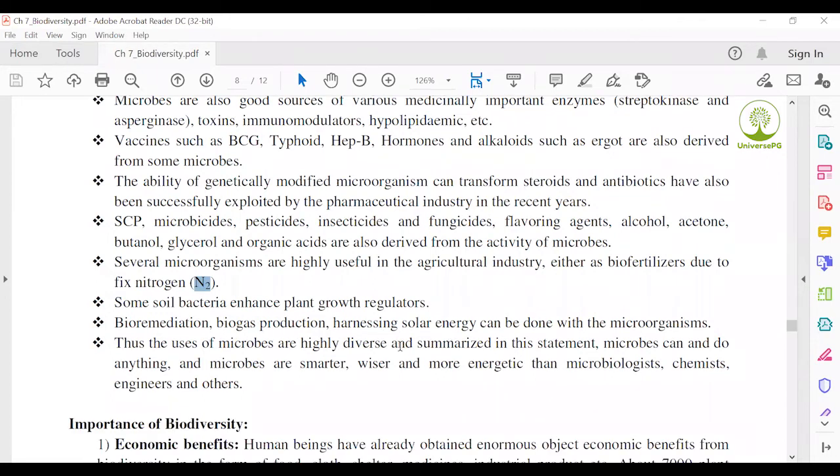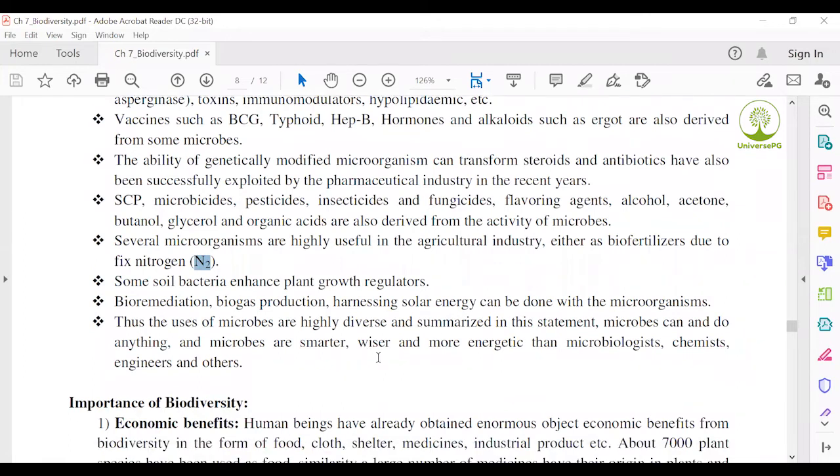Bioremediation, biogas production, and harnessing solar energy can be done by microorganisms. You know, for biogas production we use different types of household and municipal waste, such as domestic waste, gobor, and other waste in a drum, and we can produce biogas.